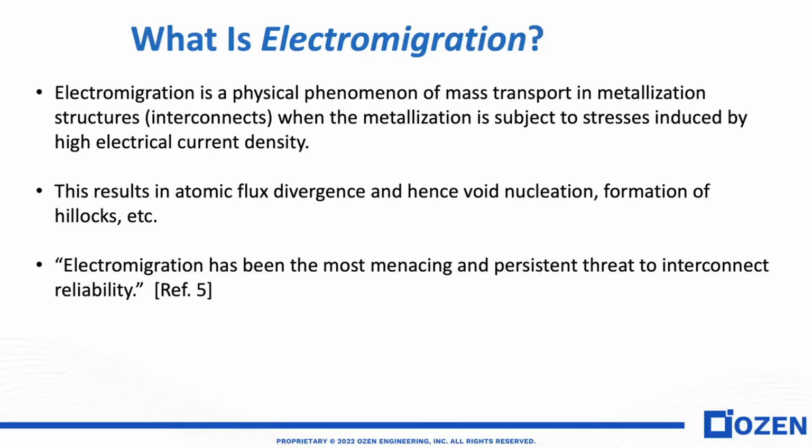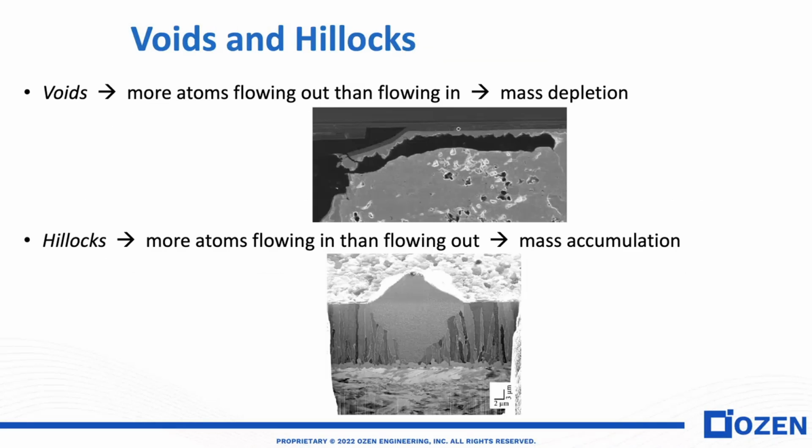Electromigration has been a problem in interconnect reliability for some period now. Electromigration causes voids if there are more atoms flowing out of the domain than flowing in. That's what we call mass depletion. And it results in the creation of hillocks when there are more atoms flowing in than flowing out, and that results in mass accumulation.